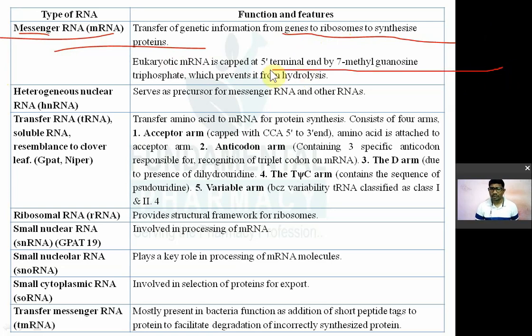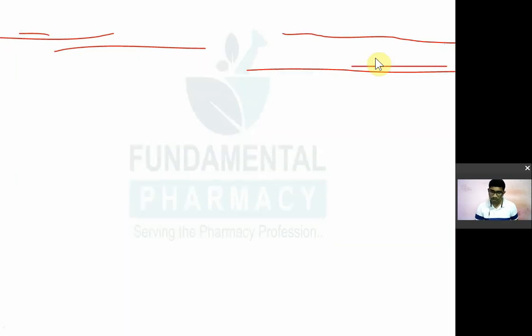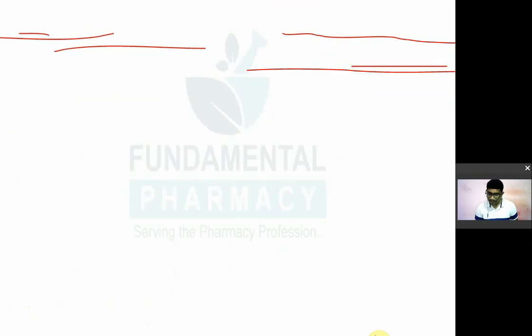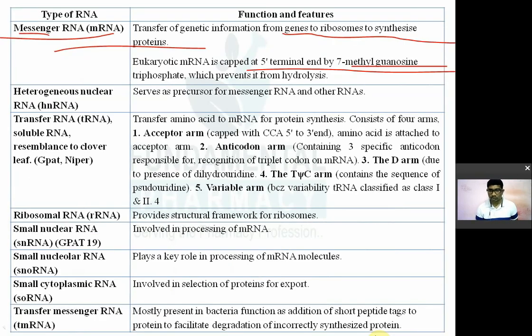So eukaryotic mRNA is capped at the 5' terminal by 7-methyl guanosine. तो यहाँ पे एक टर्मिनल रहेगा, जैसे ये 3' एंड 5', ये 3' एंड है, 5' एंड के ऊपर ये mRNA के ऊपर क्या रहेगा? ये रहेगा 7-methyl guanosine. Okay, so eukaryotic mRNA is capped at the 5' terminal by 7-methyl guanosine triphosphate.